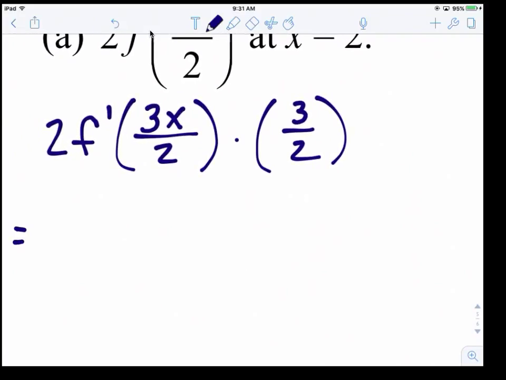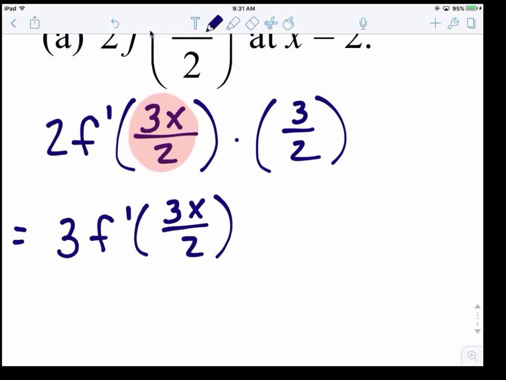All right. So if I simplify that, I get 3. That's the derivative of this part here. It's 3x over 2, like 3 halves. So 2 times 3 halves gives you 3, right?